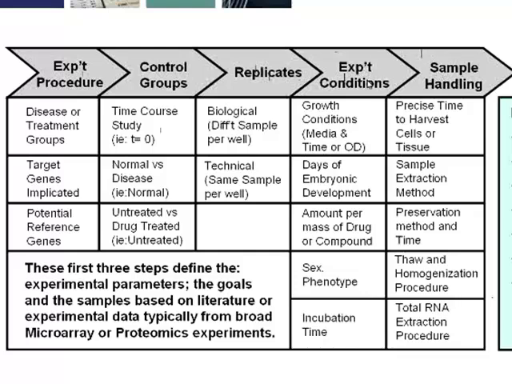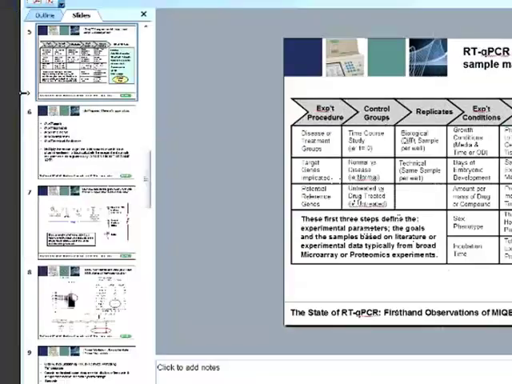Some examples of experimental conditions would be growth conditions, days or even hours of embryonic development, amount per mass of drug or compound, sex or phenotype, incubation time, incubation temperature. It's important to list and control all the controllable factors in your experiment because the transcriptome is very sensitive to potential changes in your experimental design.